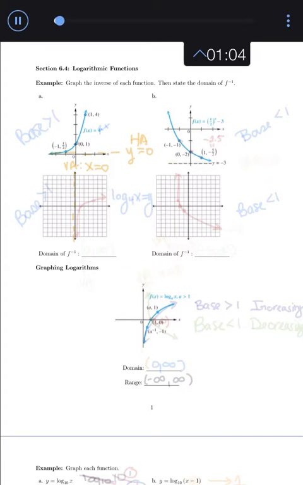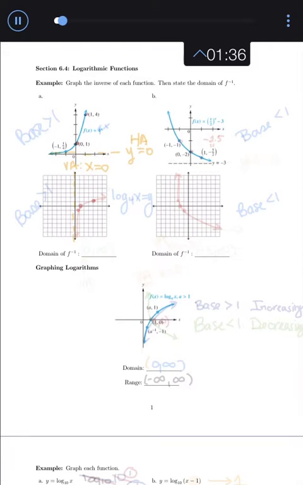What also happens is that the point 0, 1, we've already talked about this a little bit, will turn into the point 1, 0. And for instance, the point 1, 4 turns into the point, swap around the x and y, 4, 1, so 1, 2, 3, 4, 1. And the other point, negative 1, 1/4 will turn into 1/4, negative 1.